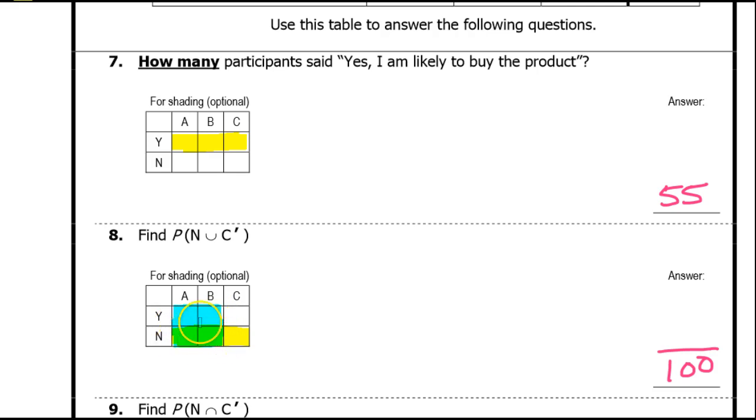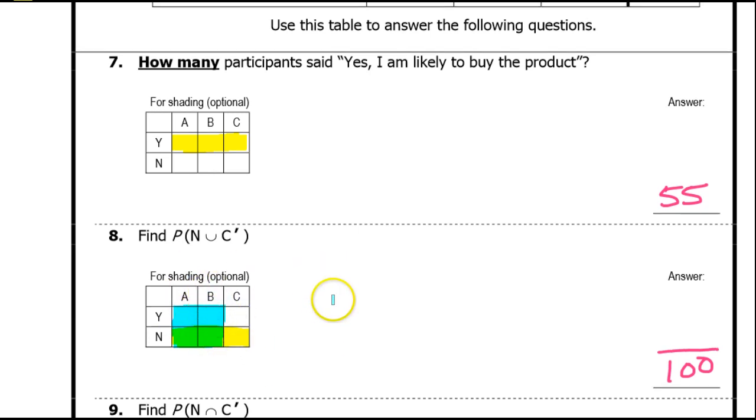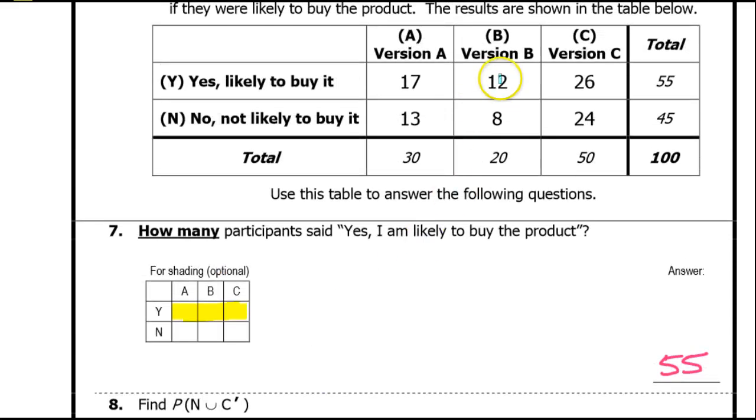Now here's the key. I don't care about the green. That would be an and question. Or is all of both. So I'm going to add up all 5 of these numbers to get the target.